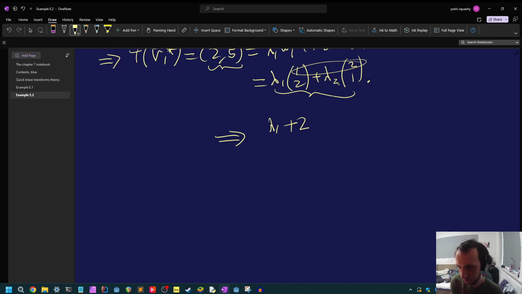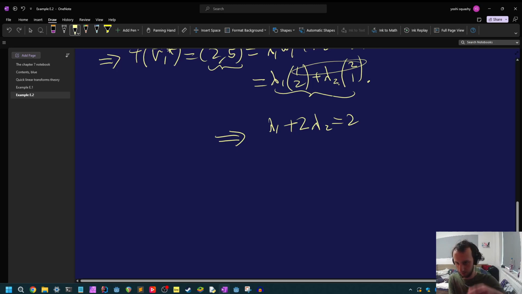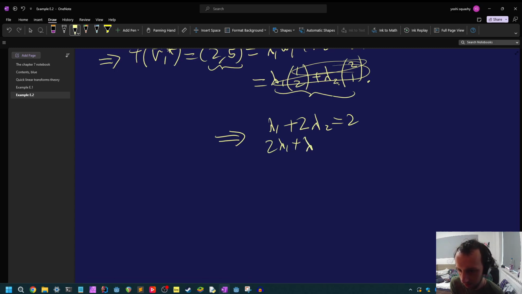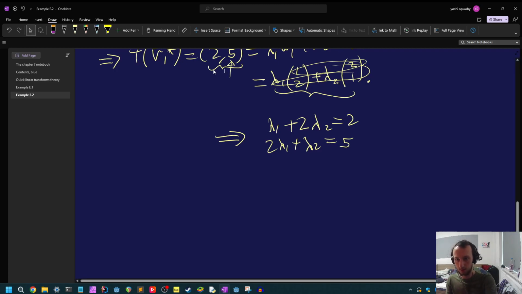Sorry, so we've got lambda 1 times 1 plus 2 times lambda 2 equals 2, because that's the first dimension element here, 2, 5. And then here we've got 2 lambda 1 plus lambda 2, and I'll rub out that circling in a second, equals 5, because that's the element we have here.